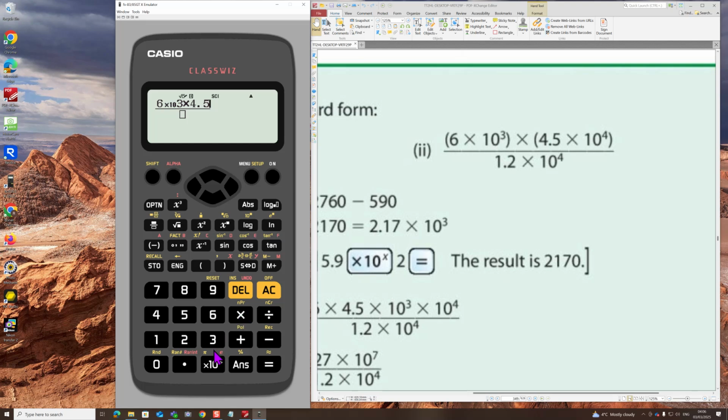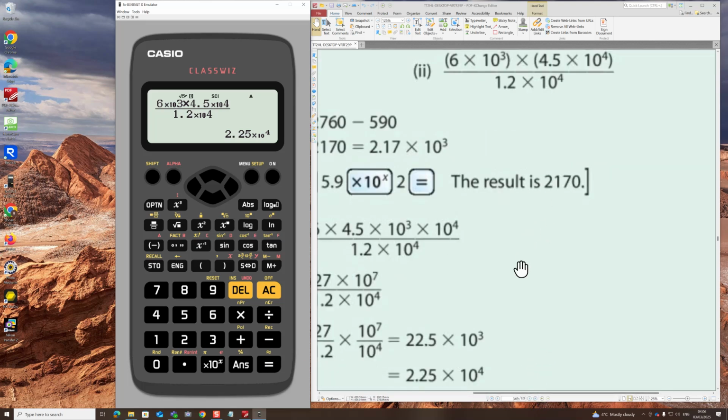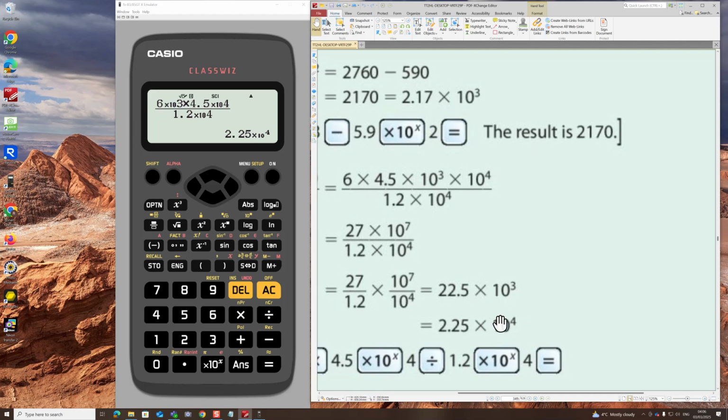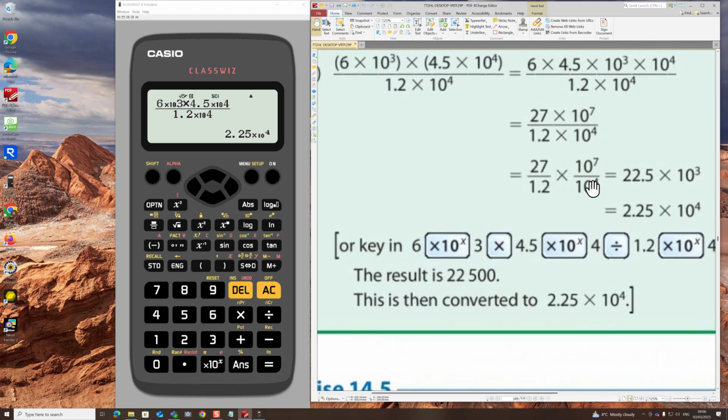Now you see, stay away from that, go straight down here by 10 to the 4 all over 1.2 by 10 to the 4. Okay, hit equals and you'll get your result, 2.25 by 10 to the 4.